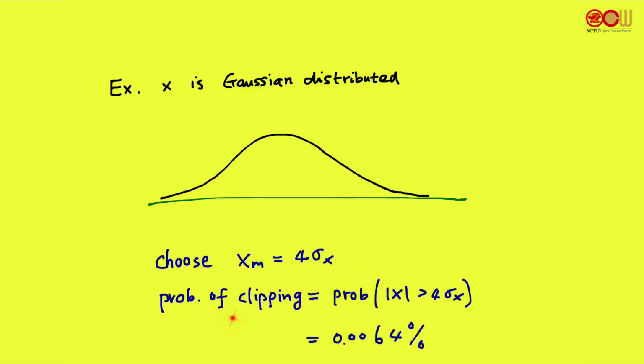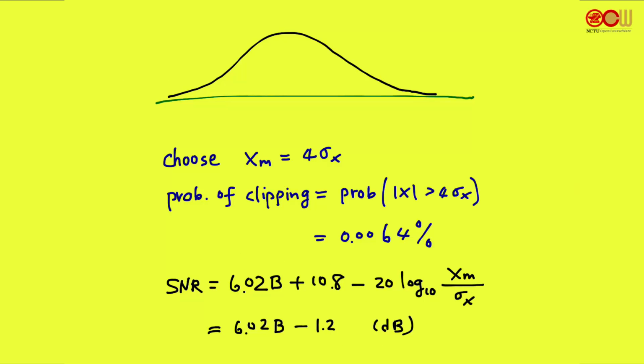The probability of clipping in this case is 0.0064%, a very small probability. Now let's use this xm in the SNR formula that we have derived earlier. Then we have 6.02b plus 10.8 minus 20 log 10 of the ratio here, we plug in 4 times the standard deviation, and this is what we get.